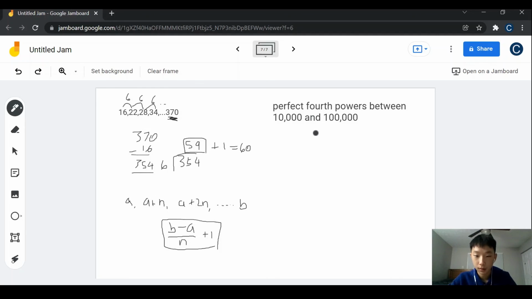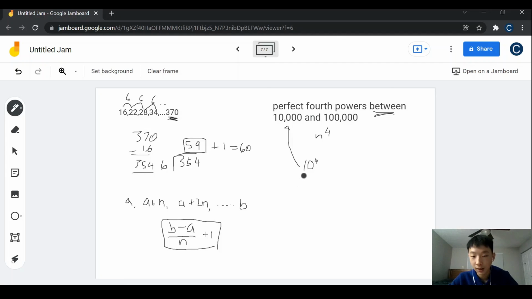So perfect fourths are in the form n to the fourth power, where n is an integer, and if we do 10 to the fourth, we'll get 10,000, and by between, it usually means inclusive, so including these bounds.